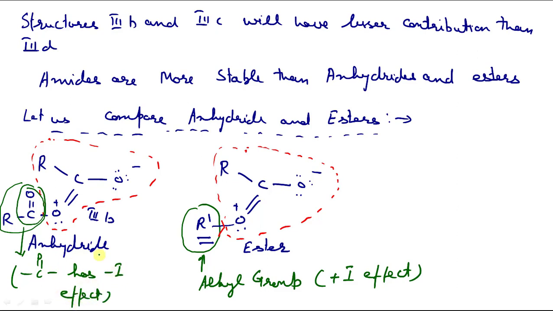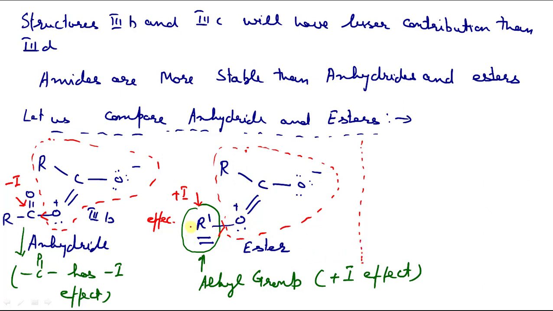Minus I effect means it is basically an electron withdrawing group, whereas the alkyl group has plus I effect. Now let us see what is the effect of this plus I and minus I effect on the stability.